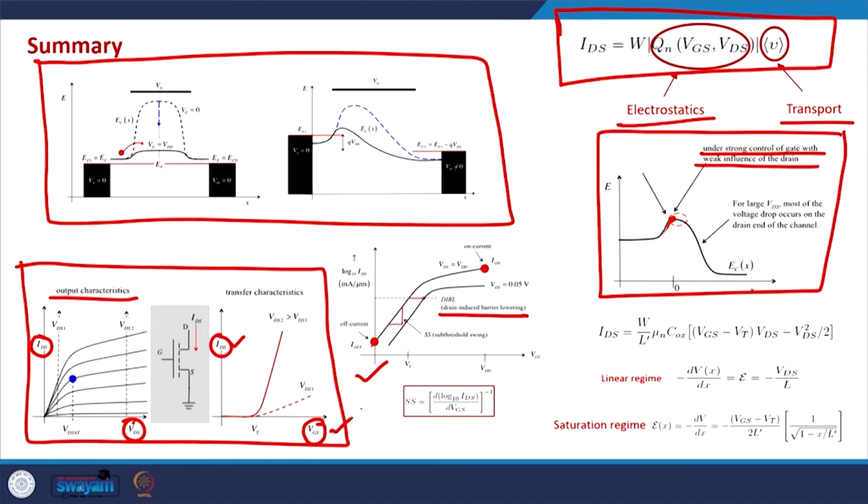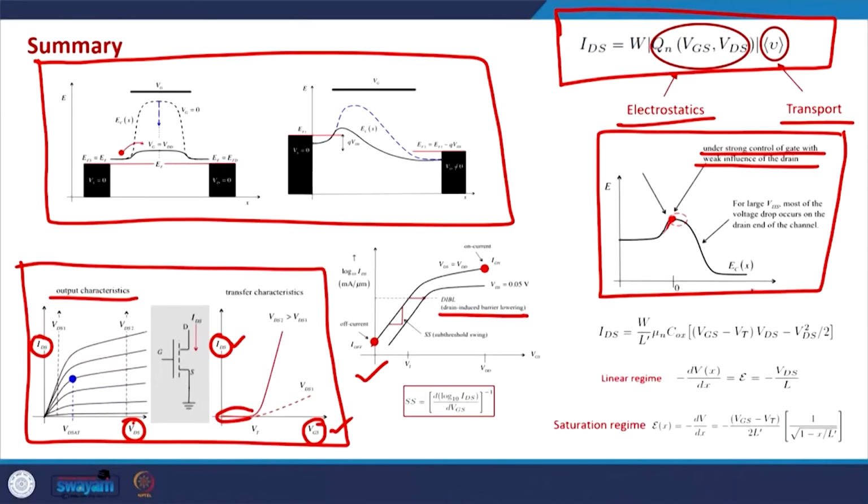The transfer characteristics tell us about the control of the gate terminal on the MOSFET current. While we zoom in on this part by plotting the log of drain current as a function of the gate voltage, we see this kind of plot, and in this we can precisely define the gate control in terms of sub-threshold swing.